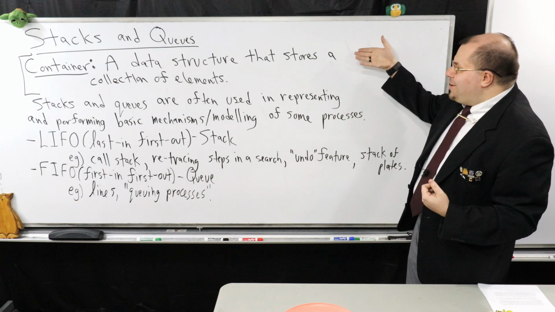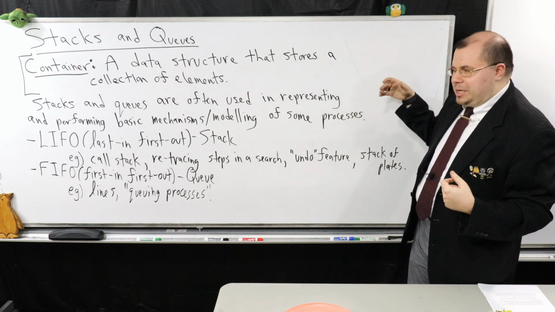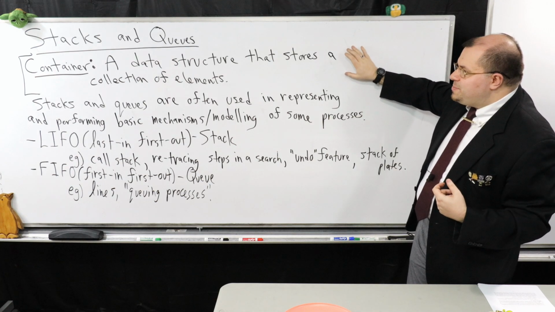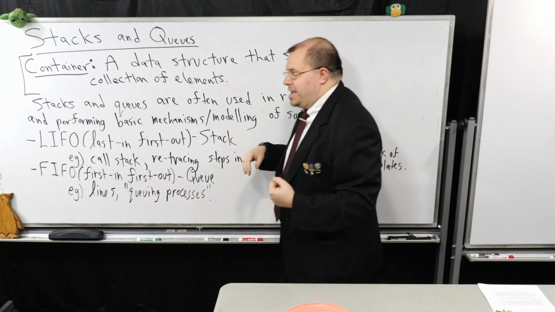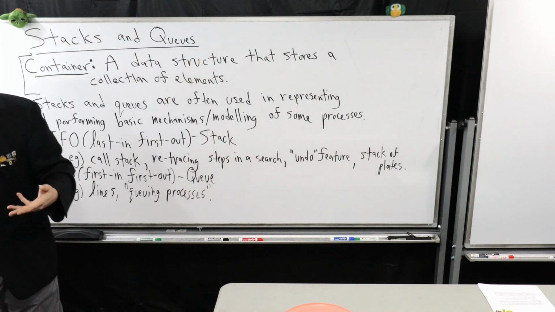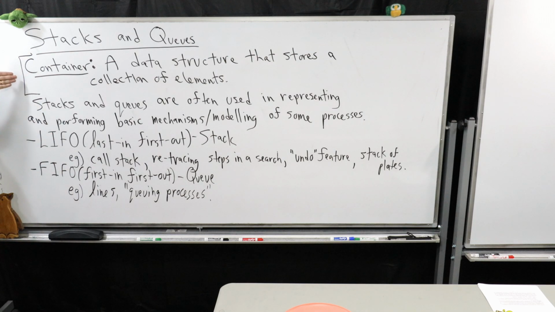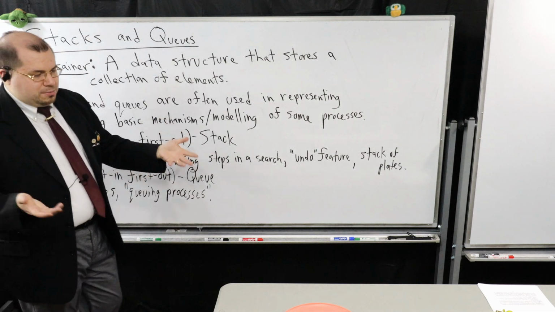Before I get into what a stack and a queue are, I've got to talk about some terminology. The first thing is that sometimes people refer to something called a container. This is simply a data structure that stores a collection of elements. For example, a stack would be one because it contains a bunch of elements.